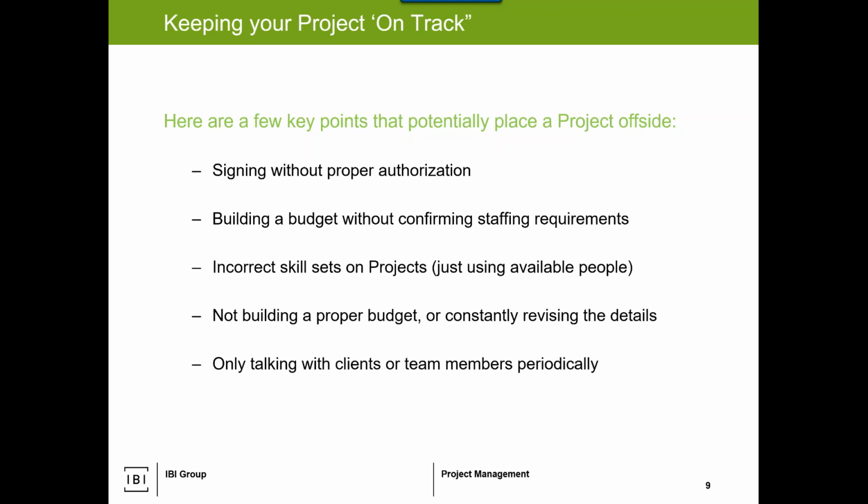Oftentimes we talk about scope creep, we talk about not knowing what we're doing and why. I press the BIM coordinators very heavily to be cognizant of their budget. You need an idea, and oftentimes we can get a starting point, but if you write a BIM execution plan and then you see you're doing a whole bunch of different things that you did not expect, don't just go into a void and do them.